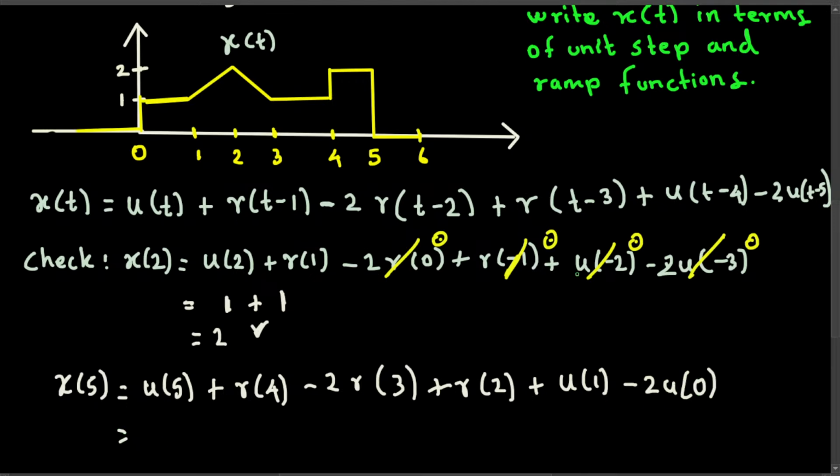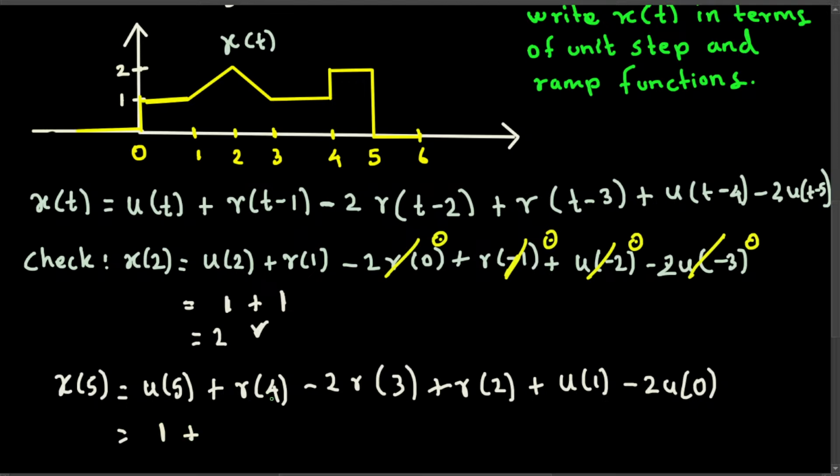So let's look at this. Let's take care of the zeros first. Here u of 0, that's 1, so we don't have any negative value, so everything has a value, and we have nothing to cancel here. For u of 5, for 0 and positive values u is always 1, so u of 5 is 1.